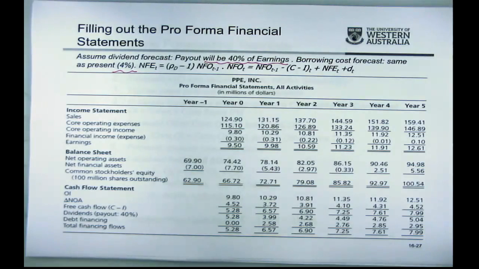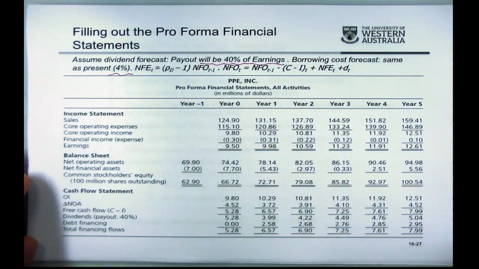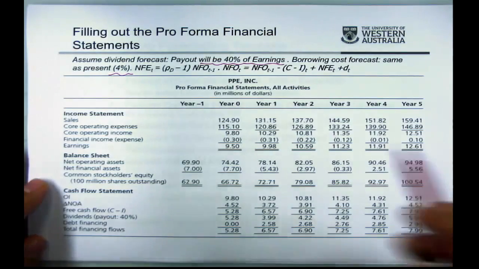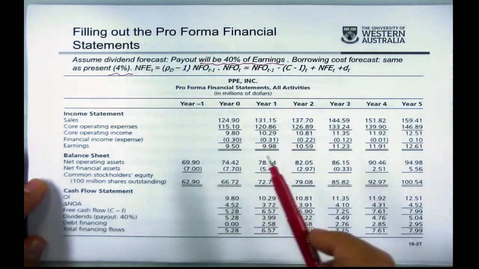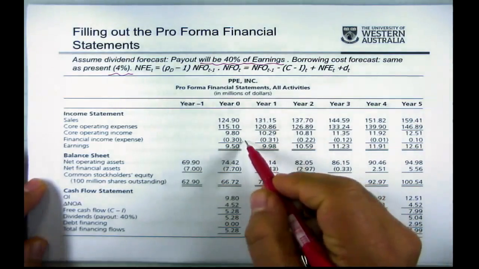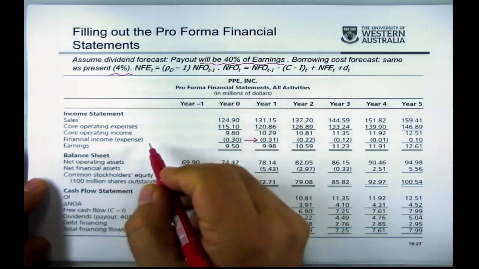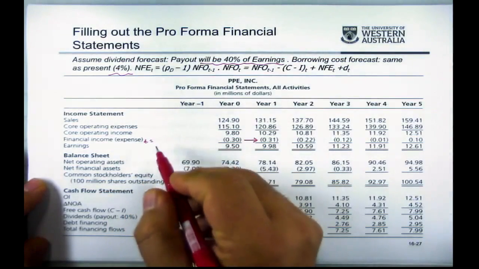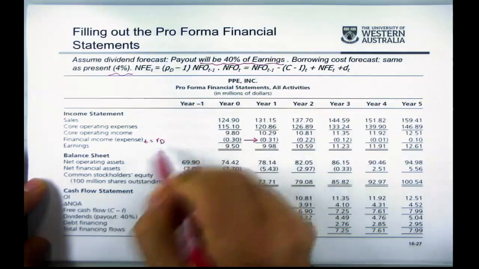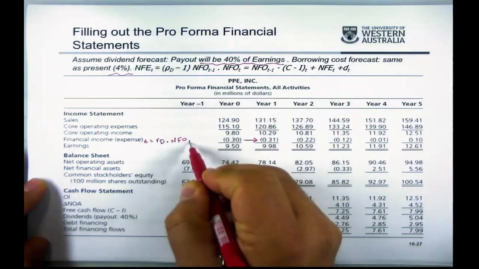Okay. So let us see how to fill out the missing items. Remember that we already forecasted the core operating income for year one. Now we need to forecast the net financial expense. At time t it is equal to the cost of debt times NFO at time t minus 1.